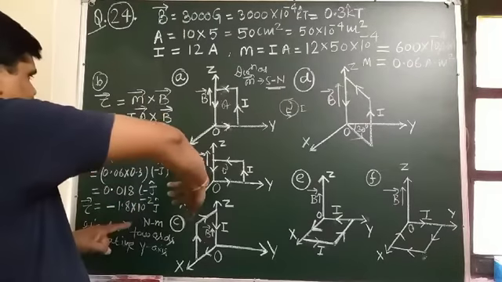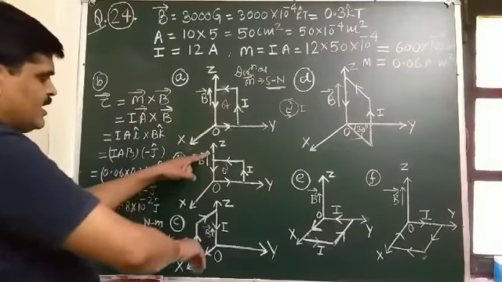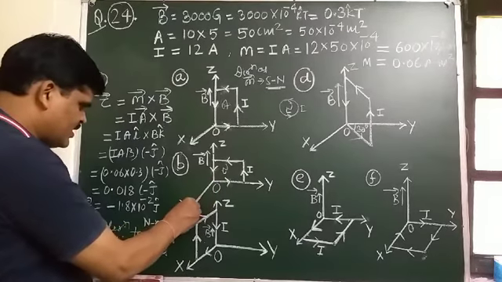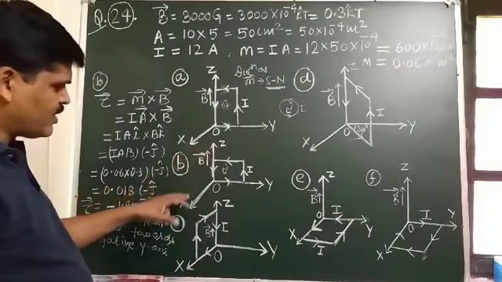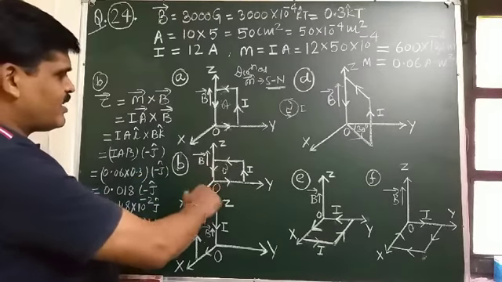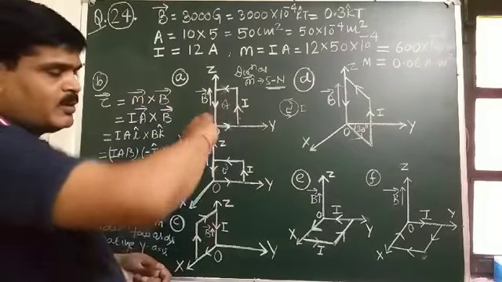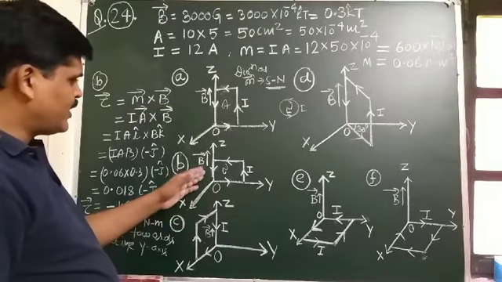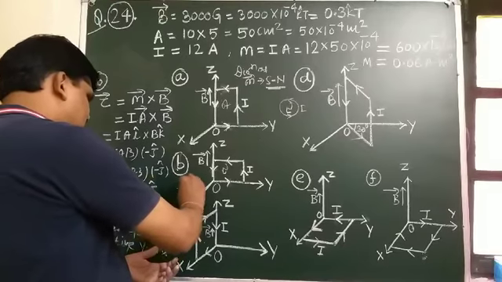If you rotate the first vector in the direction of the second vector, these two vectors are in the xz plane, and the vector product of two vectors is perpendicular to the plane. So perpendicular to the plane of x and z, this will be m, and this will be b.